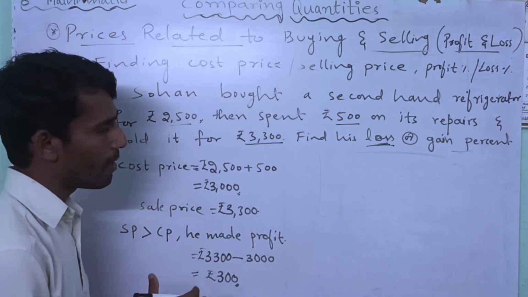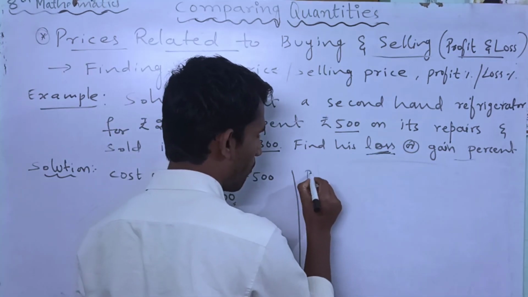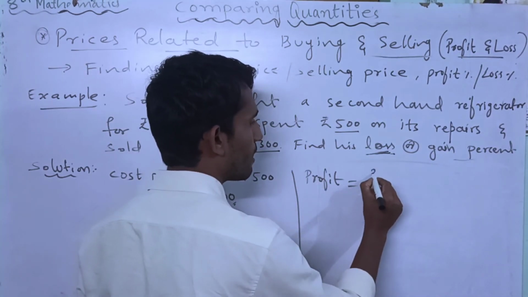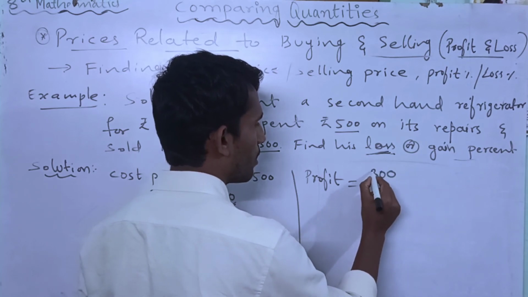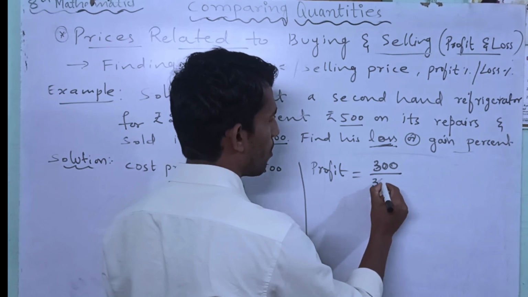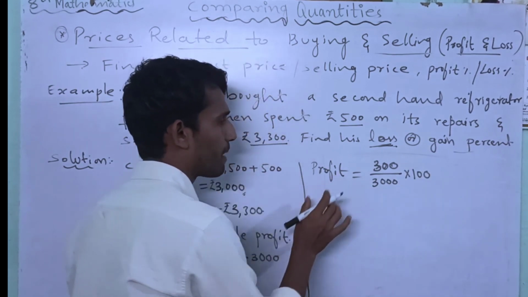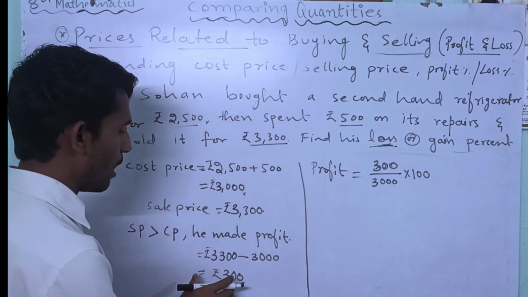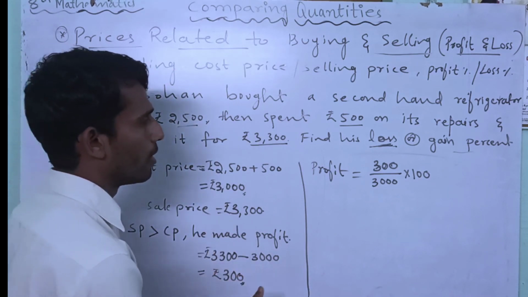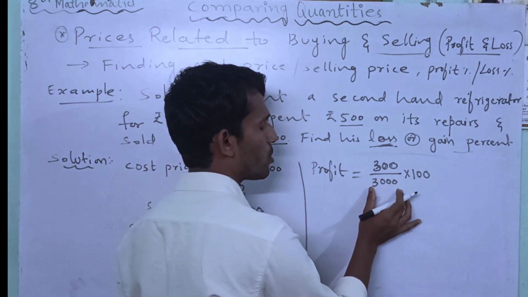Profit is equal to 300 rupees by 3,000 rupees into 100. We have to find the profit percentage. Here 300 is the profit and 3,000 is the cost price.